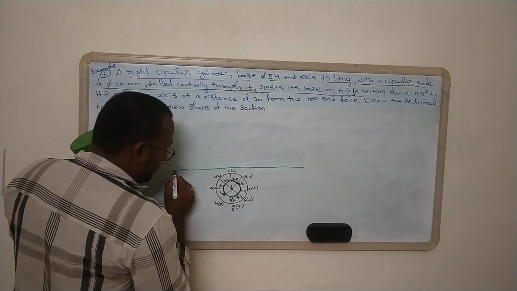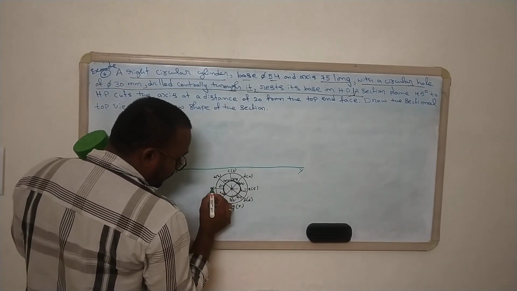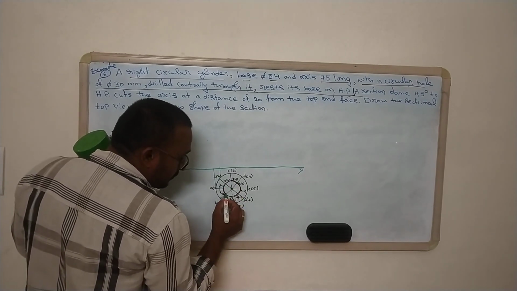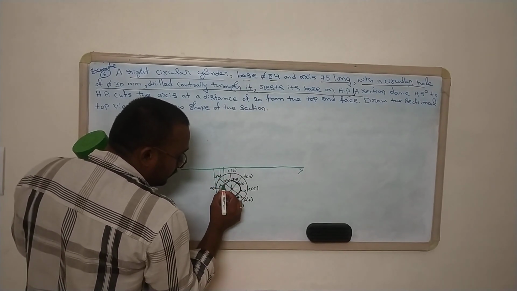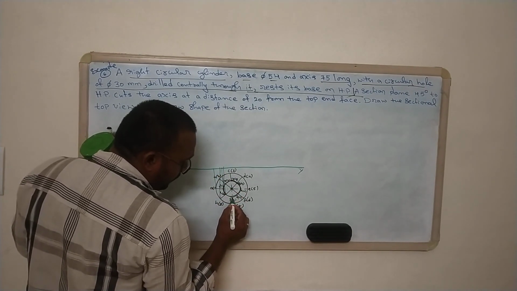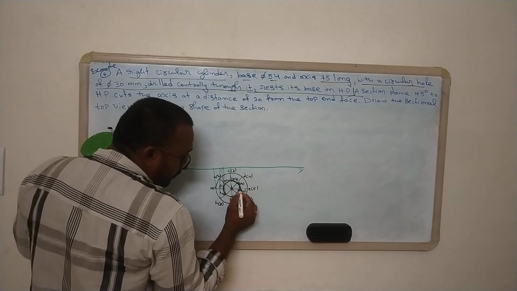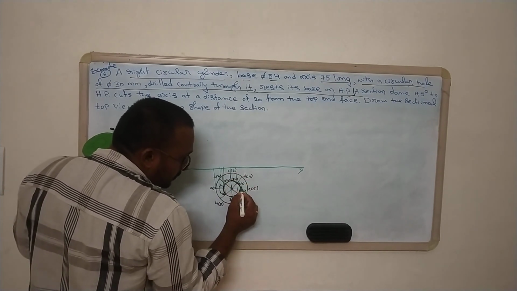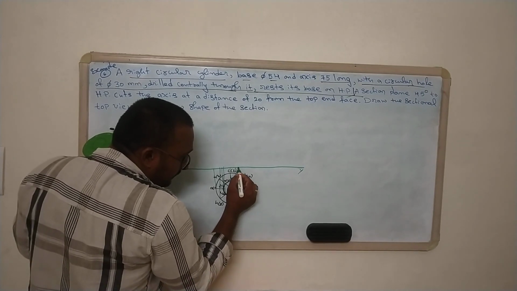Right, so here it is the XY line, then project all of them upwards. Here you can observe that there are a number of points available. Please take care while you are projecting all these points.